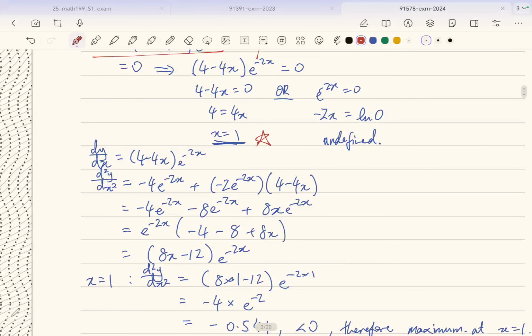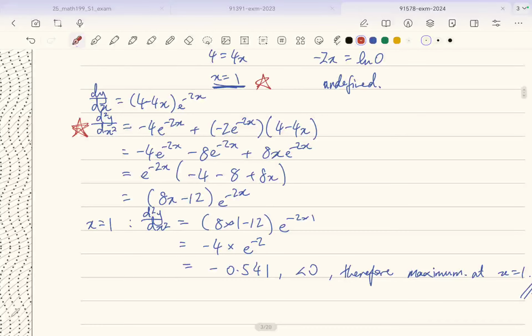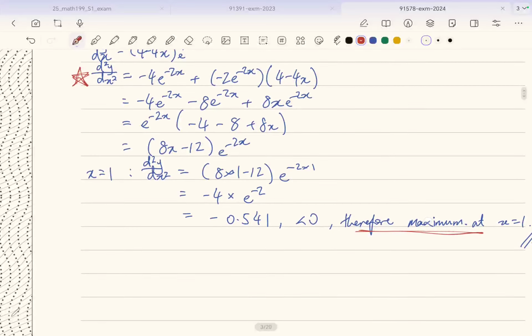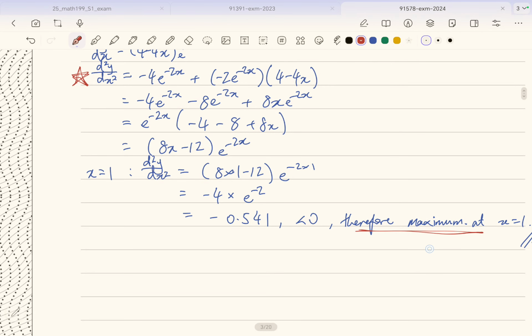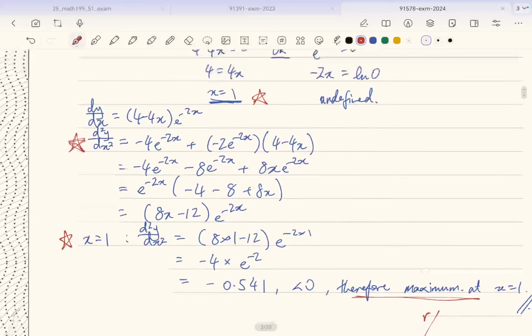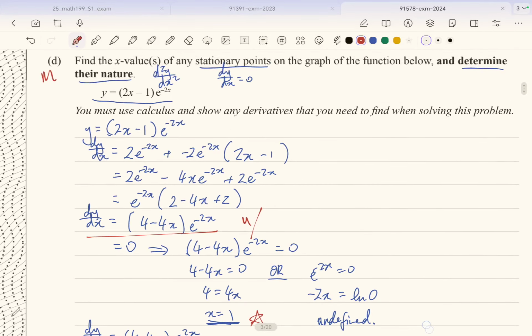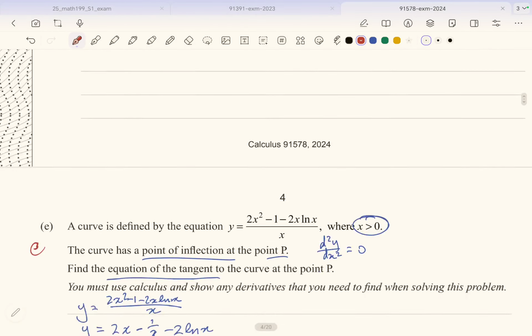So you've got to derive your second derivative correctly and say it's a maximum with all working. That, at this point, will be your merit mark, R mark, right here. With the second derivative, you need to sub it in, and justification is also part of your merit mark.